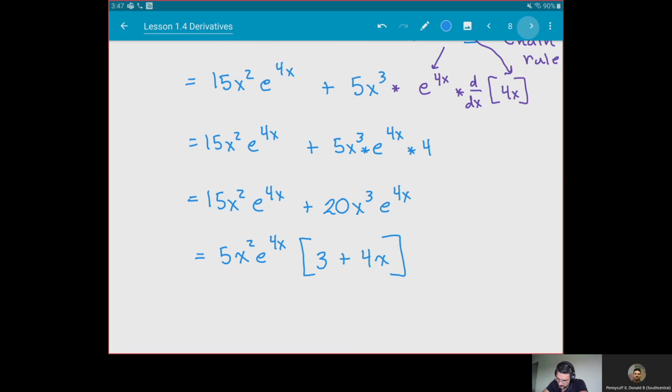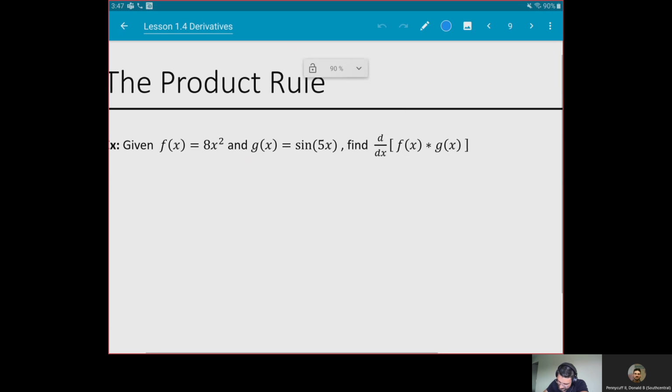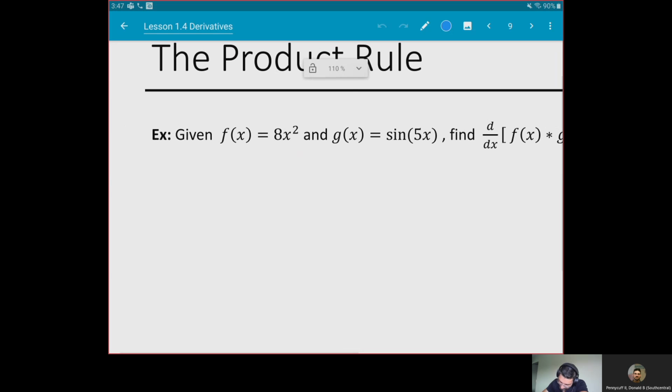All right, let's do one more. So we're going to find the derivative of this mess, 8x squared times sine 5x.